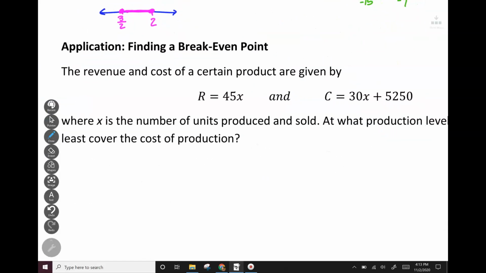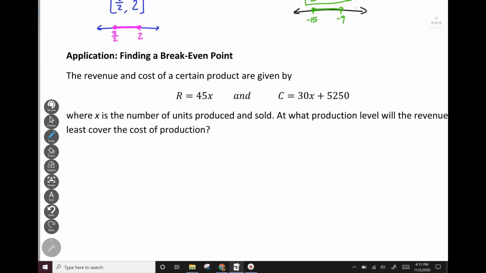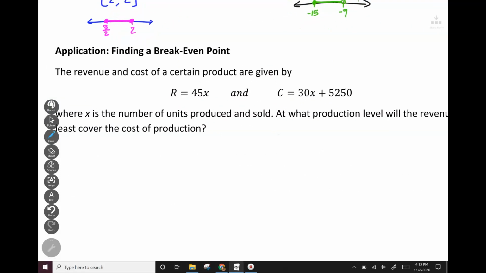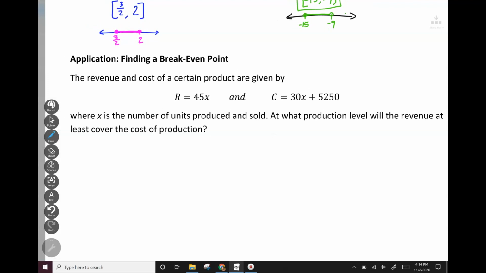Last one, our application, which is finding a break-even point. So basically it's the type of problem where you're saying in order to make a product, you have to spend a certain amount of money. So at what point will I make enough money to pay for the cost of production? At what point will I make enough money to pay for the cost of making the item in the first place?